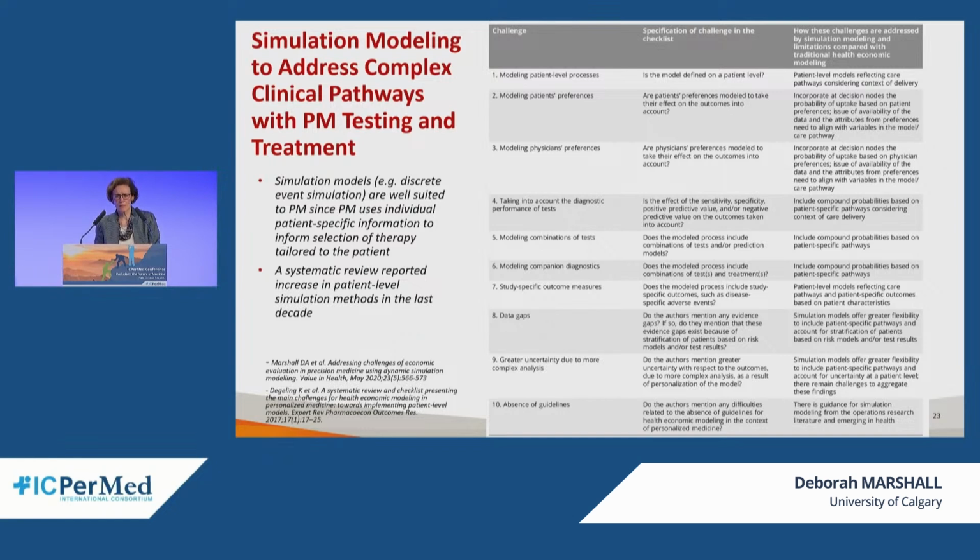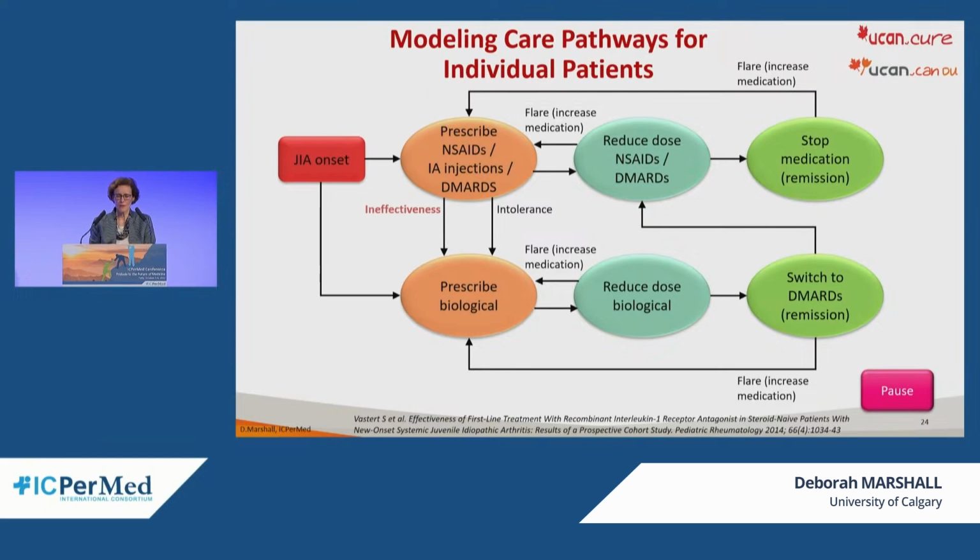And basically what this is telling us is that in precision medicine, this kind of modeling, because it's at the individual level and it requires individual patient data, we can stratify and embed decisions into the long-term complex clinical pathways to measure the value over time and consider all the testing, treatment, switching, starting, stopping type decisions. So I propose this to you as a really important method that can be helpful in precision medicine. And I'll just illustrate that with our childhood arthritis.